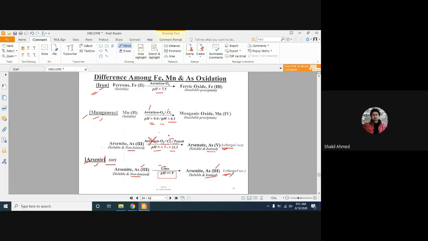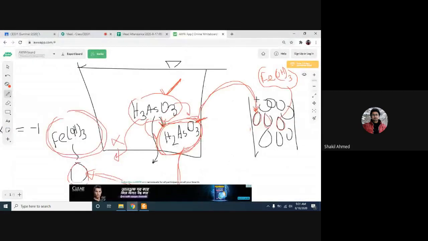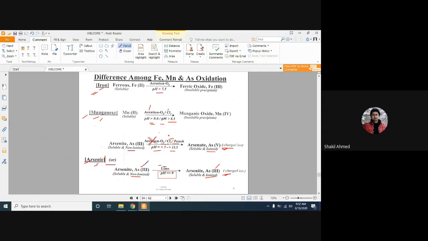You need these charged ions, because only these charged ions are able to be adsorbed into these coatings. These, no, they will not adsorb here. This, yes, they will adsorb. So you need to convert them from this to this. To make this conversion, you need chemicals here.